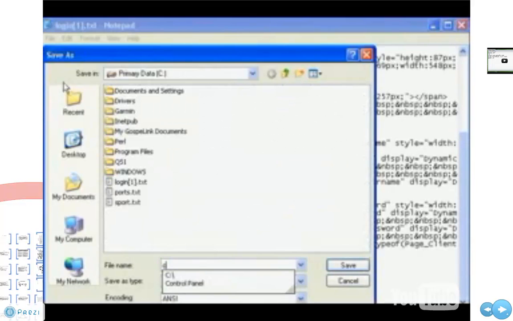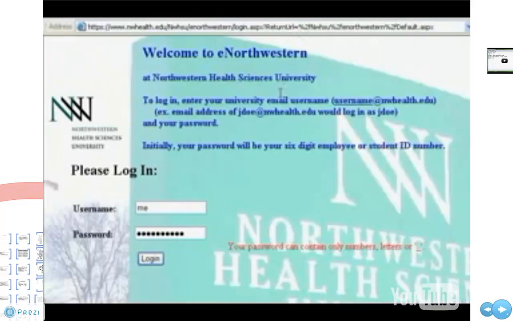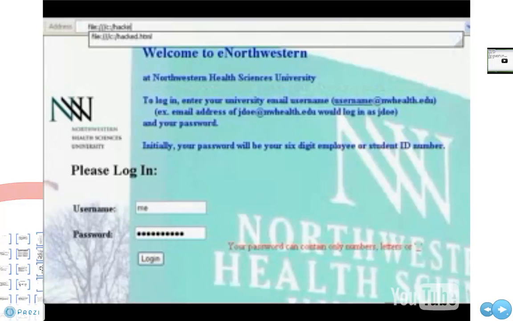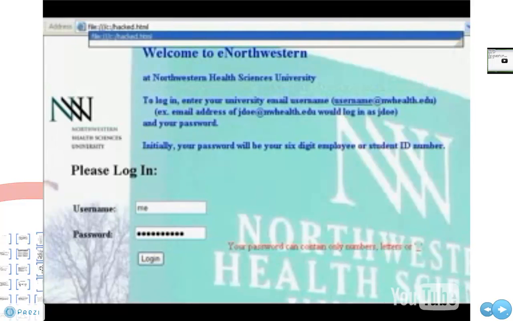Now that we've made all the modifications, I'm going to save as c:/hacked.html. Now we're back to our browser window. I'm going to type in file://c:/hacked.html.